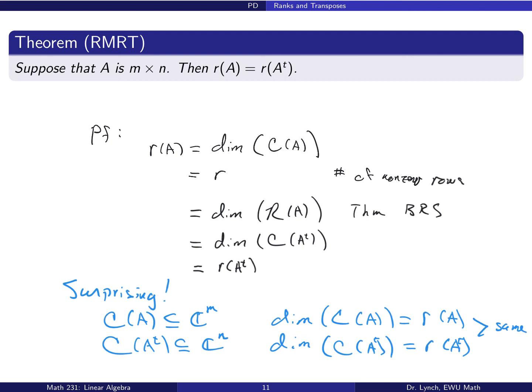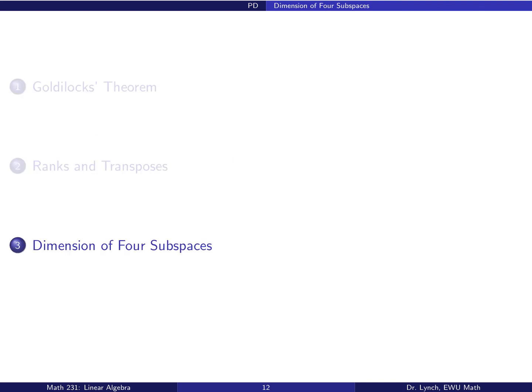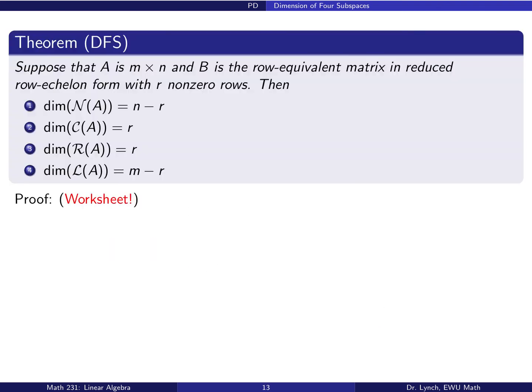It's pretty cool. Okay. All right, so let's talk about the dimension of the 4 subsets, and this is all pretty quick. I'll have you prove this theorem on the worksheet. So we'll start with the dimension of the column space of A, which is R. We know the dimension of the row space of A is also R, because that's the dimension of the column space of A transpose.